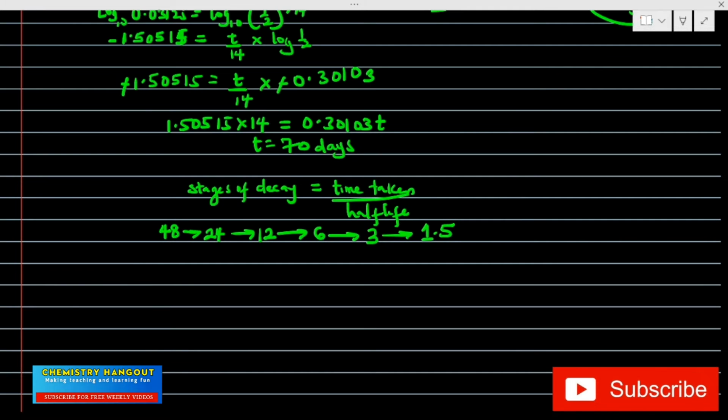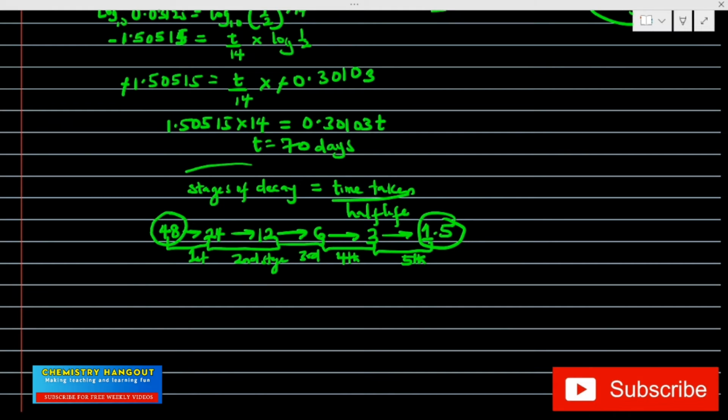Can you see? So the element came from 48 to 1.5. So how many stages? The first stage, from 24 to 12, the second stage from 12 to 6, the third stage from 6 to 3, the fourth stage from 3 to 1.5, the fifth stage.